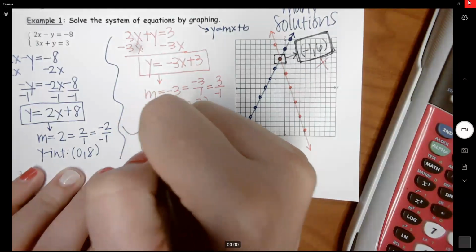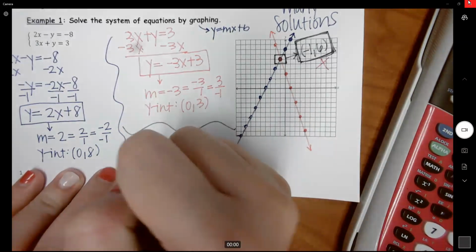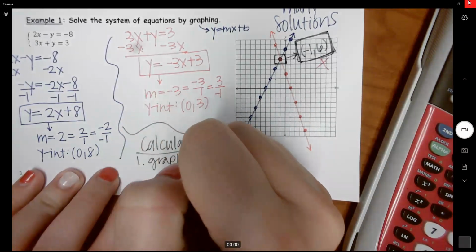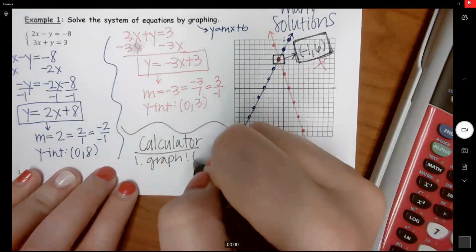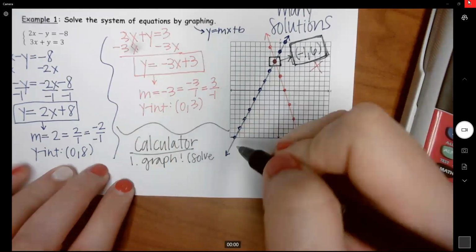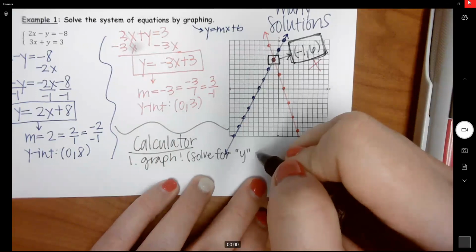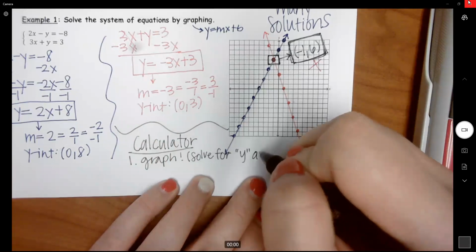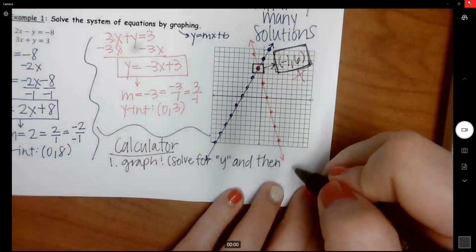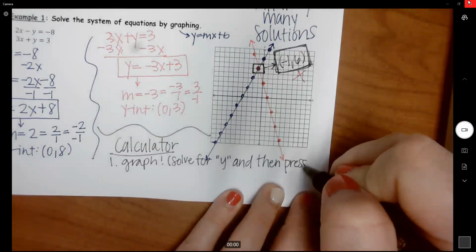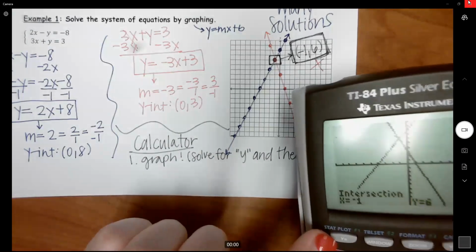So in my calculator, first graph it, which means we have to solve for y. And then press y equals. This is my y equals.